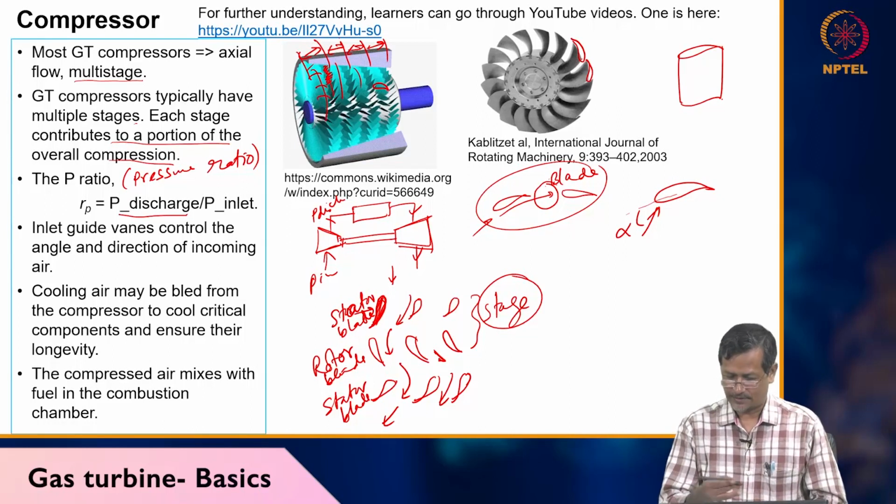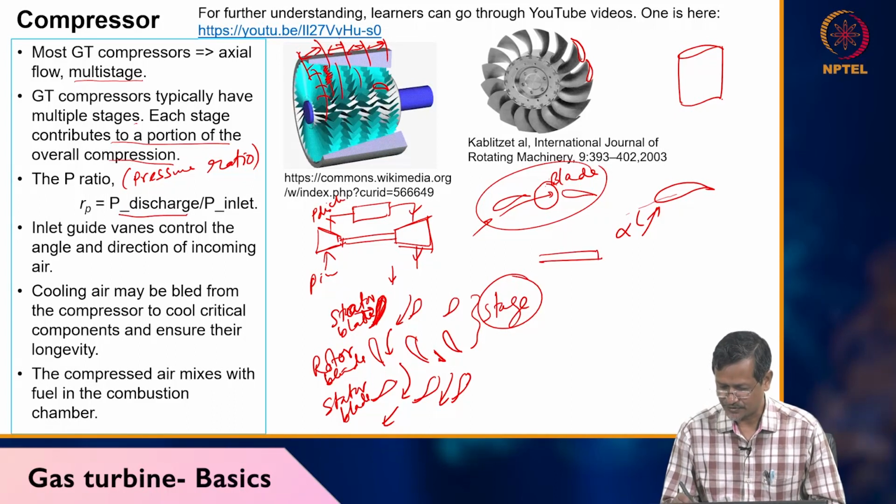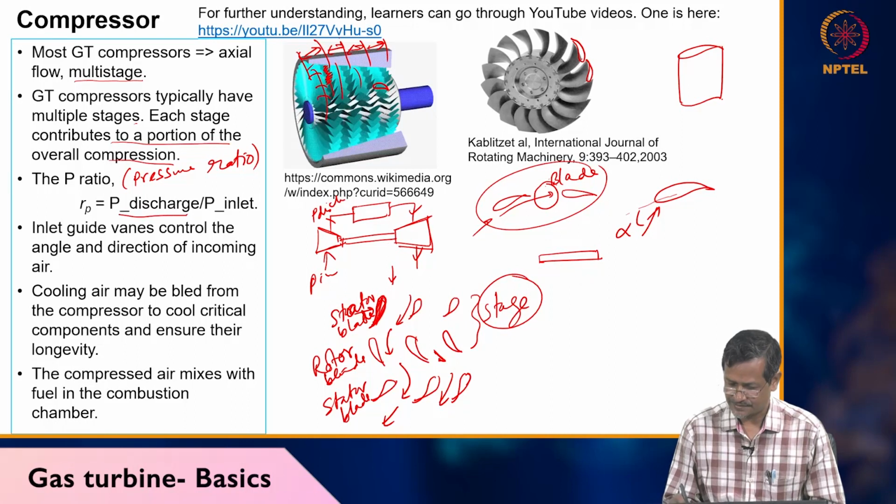Now one more thing I have to explain here. If I draw the compressor properly, it will look like this. My casing is here, and my compressor is not straight like this, it will be like this, compressing. So let's say stator is here, rotor is here, again stator is here, rotor is here.